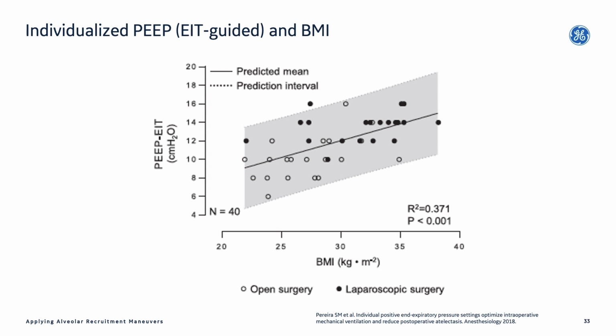There's a fairly linear relationship between BMI and PEEP levels, such that patients with lower BMIs in the 22 range or so required about 9 centimeters water PEEP, and that progressively increased so that the highest BMI patients required about 14 centimeters water PEEP to maintain the open lung condition.